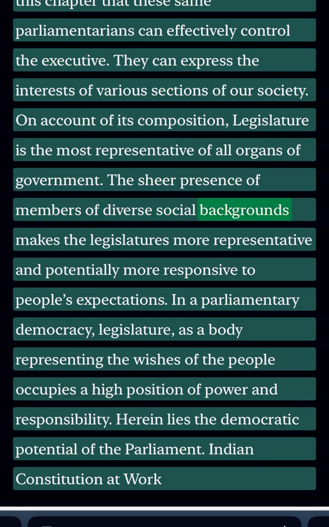The sheer presence of members of diverse social backgrounds makes the legislatures more representative and potentially more responsive to people's expectations. In a parliamentary democracy, legislature, as a body representing the wishes of the people, occupies a high position of power and responsibility. Herein lies the democratic potential of the Parliament.